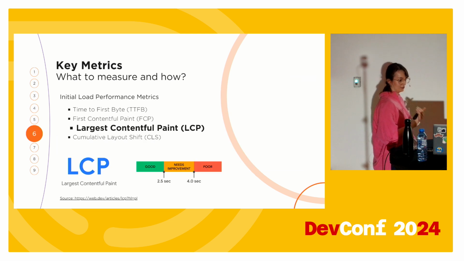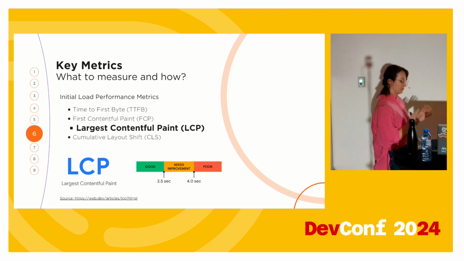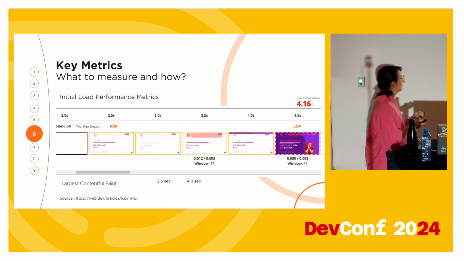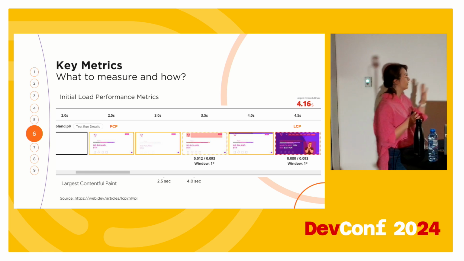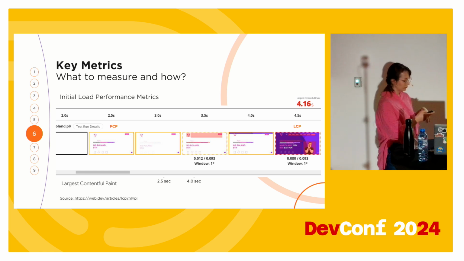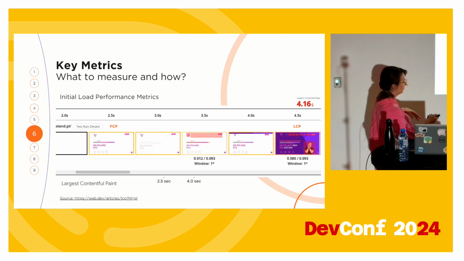Now, largest contentful paint. This metric measures the time from navigation to the rendering of the largest visible content on our page. Here is also the result from WebPageTest, and as you can see, this is our LCP image.